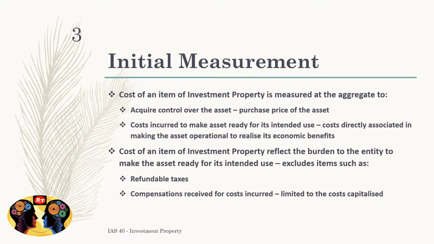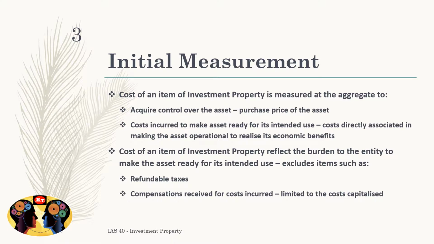Initial measurement. The cost of an item of investment property is measured at the aggregate amount paid to acquire control over the asset: the purchase price of the asset, costs incurred to make the asset ready for its intended use, and the costs directly associated with making the asset operational to realize its economic benefits.